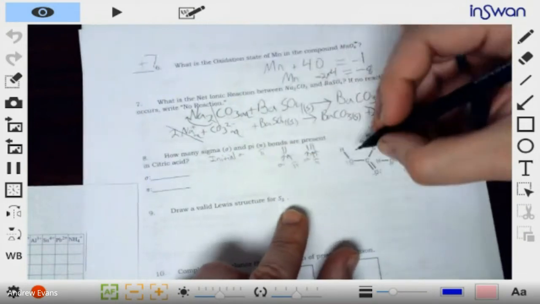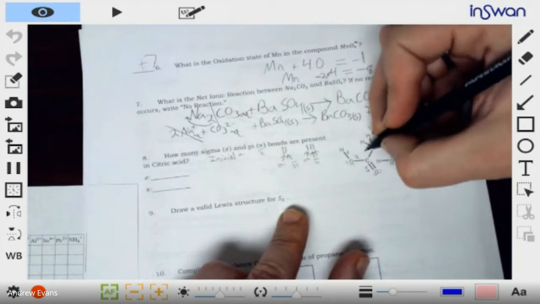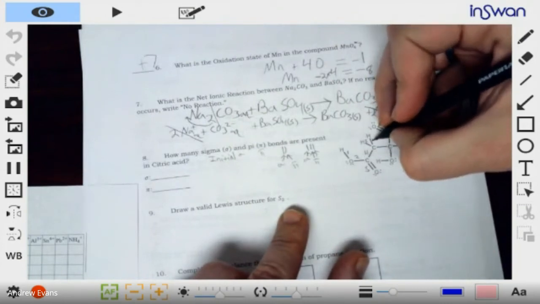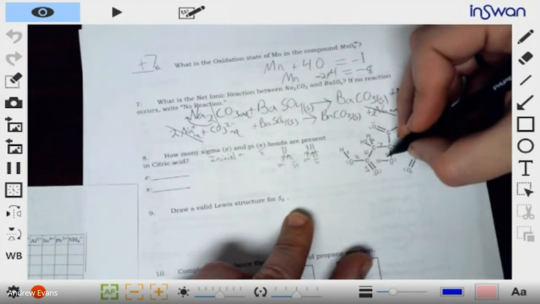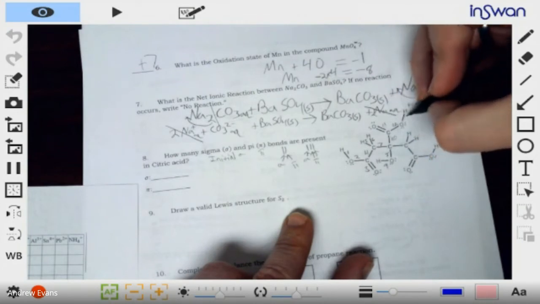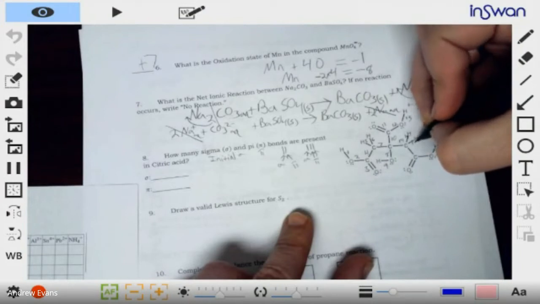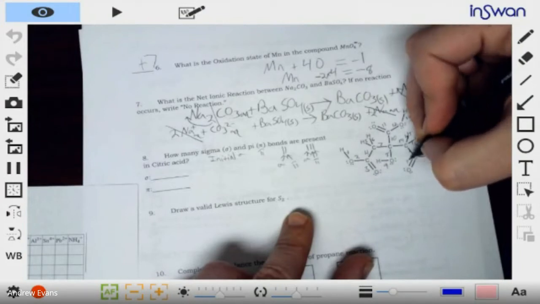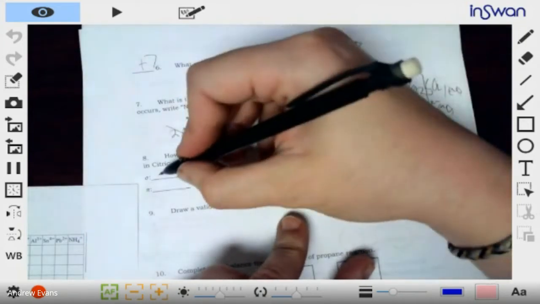So to do this, you simply have to count all the bonds once. 1, 2, 3, 4, 5, 6, 7, 8, 9, 10, up through 20. So every initial bond is a sigma.